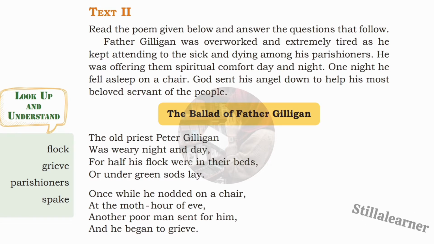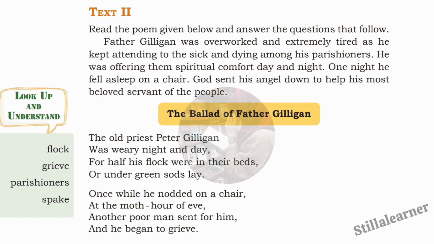Okay. Once there was a father of the church named Gilligan. He worked in a church, and one day he was overworked and exhausted, means extremely tired of working there. What work did he do there? He just kept attending to the sick and dying among the persons of the church. Means those who were ill and those who were dying, at that time he would go and give comfort to them.